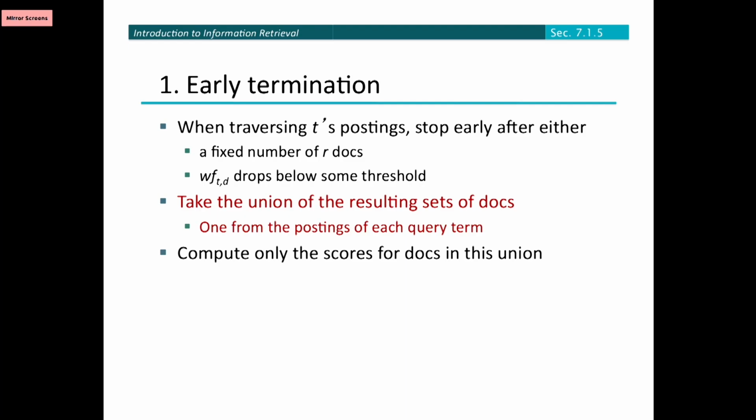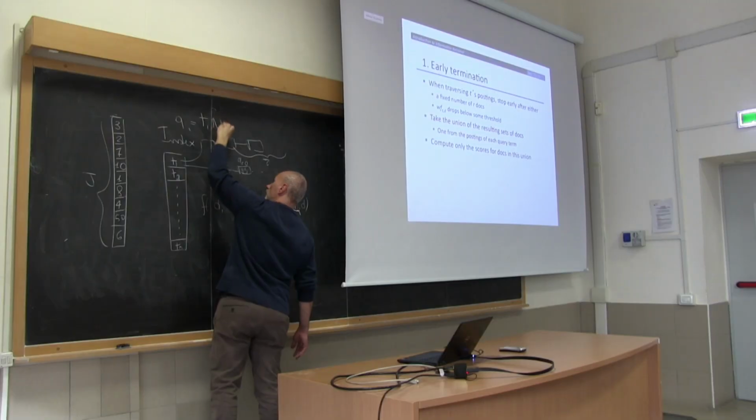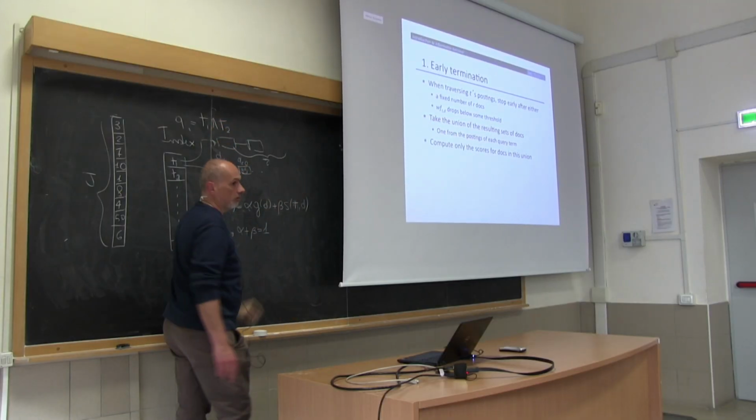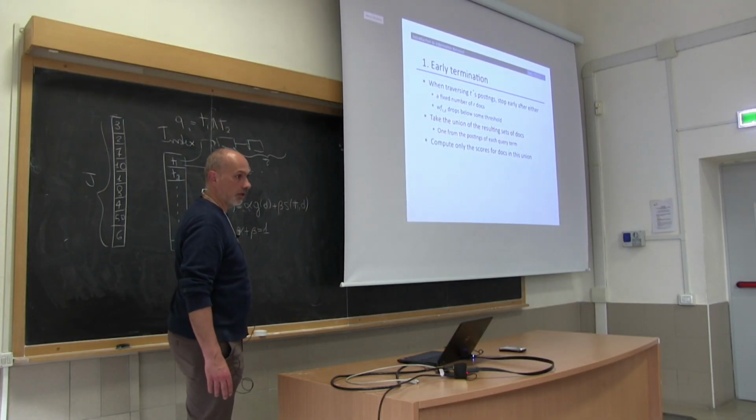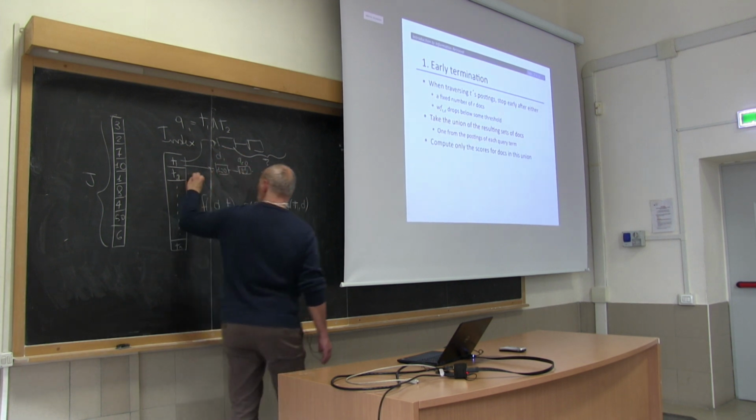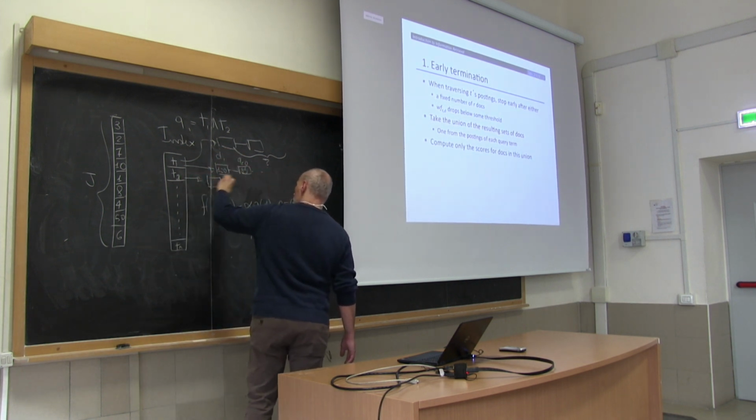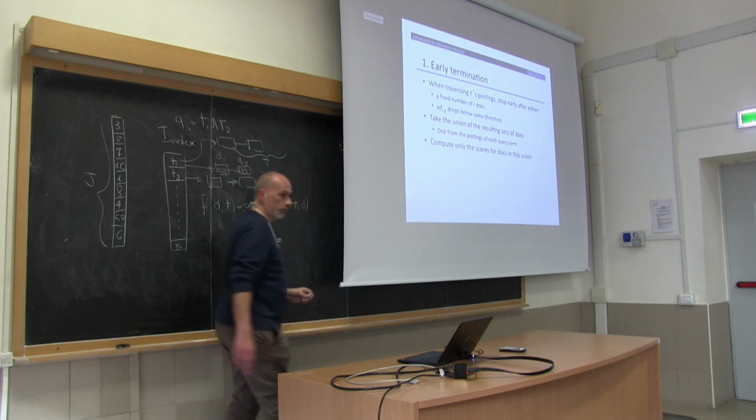So, how can I leverage this idea? The first way is just what I was saying. Instead of going down the entire posting list, take the query, which has to contain the first two terms, T1 and T2. So I will have to traverse these two posting lists.